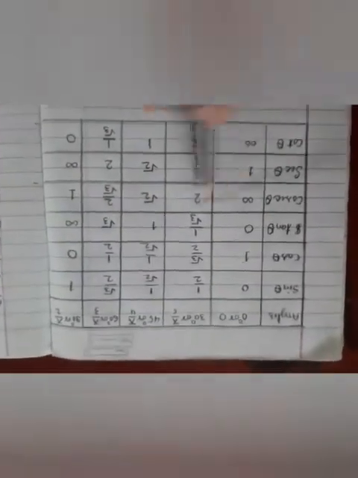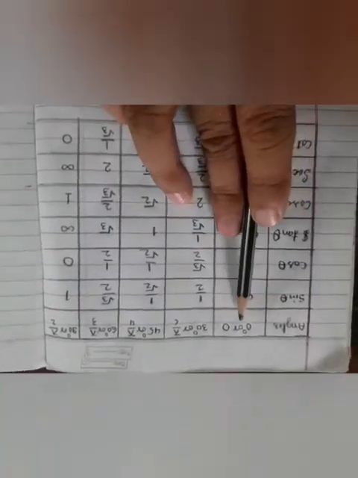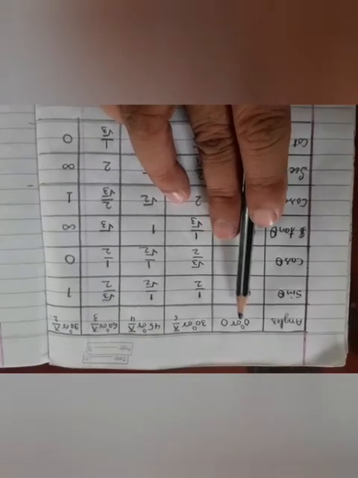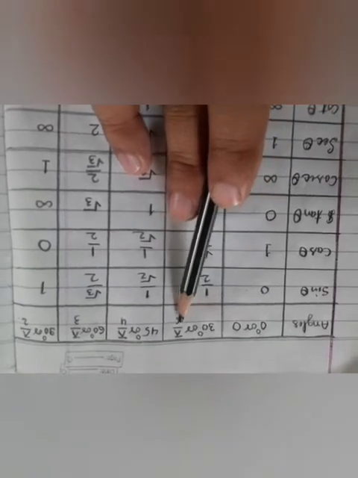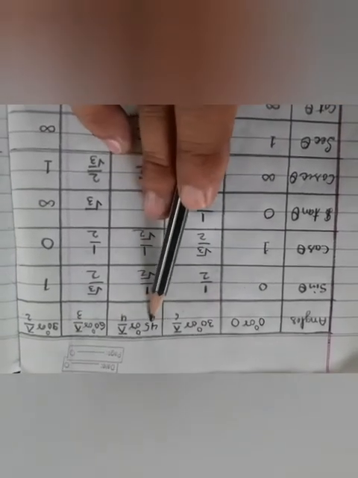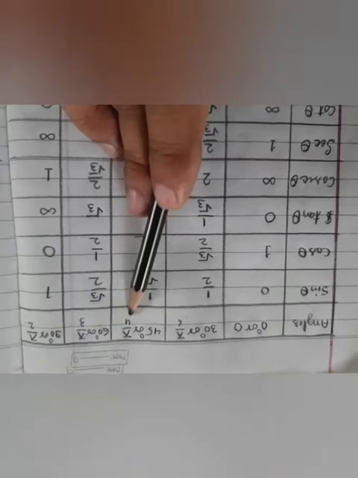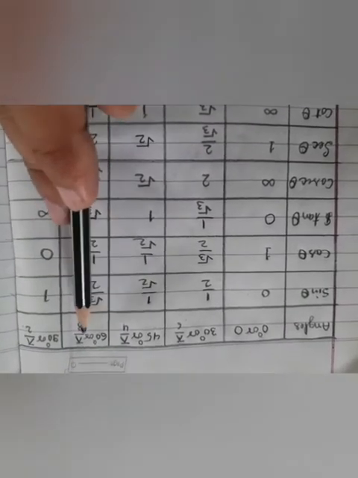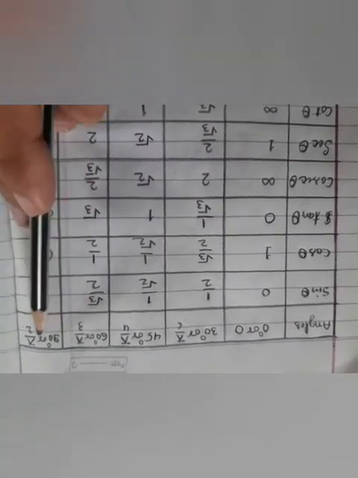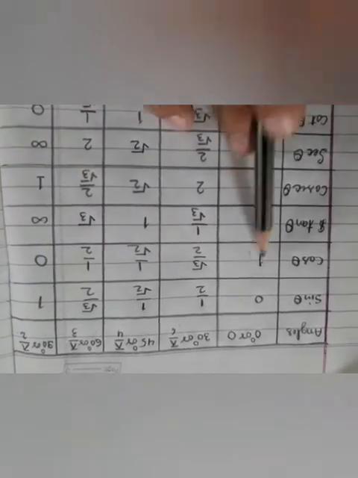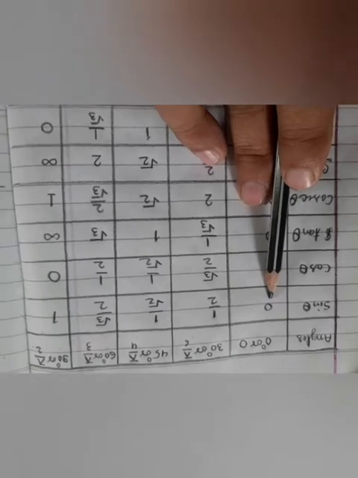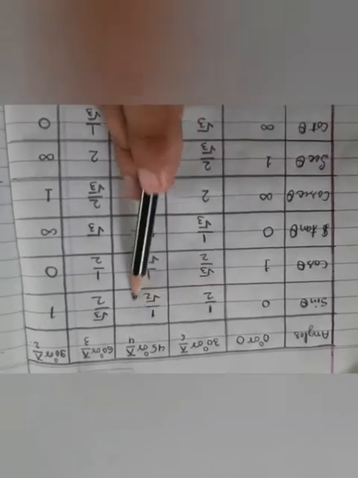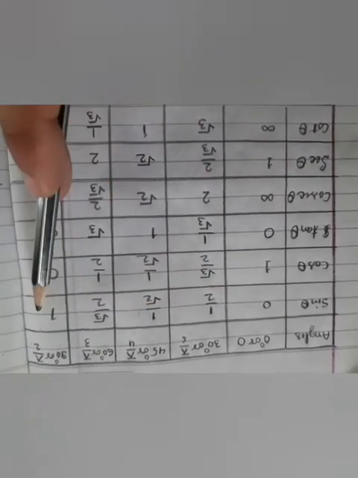Now look at the chart of these angles: 0 degrees or 0, 30 degrees or pi by 6, 45 degrees or pi by 4, 60 degrees or pi by 3, 90 degrees or pi by 2. These are the values. Sin theta: 0, 1 by 2, root 3 by 2 and 1.